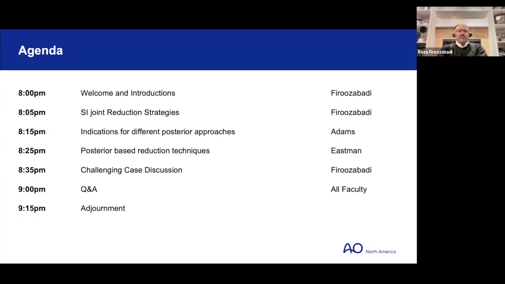The agenda really will be, we'll first look at SI joint reduction strategies. Then Dr. Adams has a really neat talk where he's going to talk about indications for different posterior approaches and bring up something really interesting that we don't talk that much about: angiosomes and how they may affect what we do in the back.